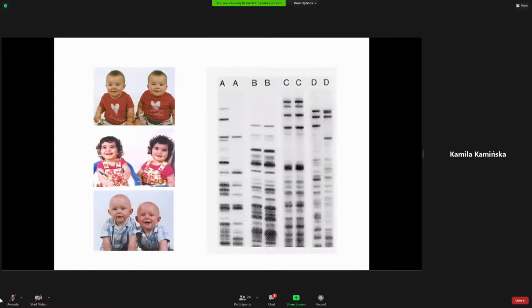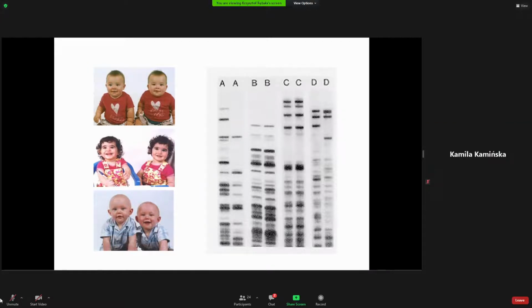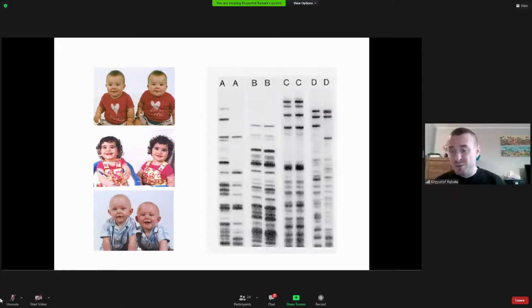Maybe we can differentiate them by some specific point mutations. Yes, very well, that will be for sure, Camila. There are some somatic mutations which occurred only in one of the twins during the development of the fetus, and maybe during early childhood, during development of sperm cells or the testes.